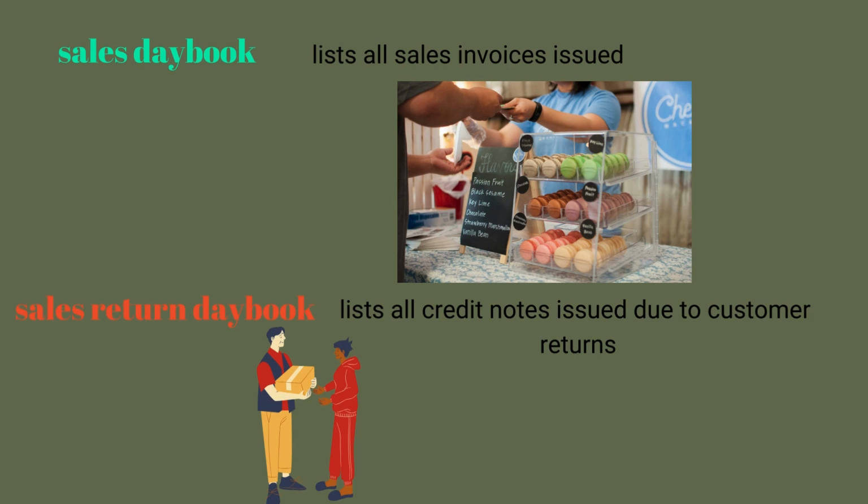So it's a credit purchase. Now I give you a credit note to reduce the amount you owe me. So instead of you owing me that £100, because you returned the item because it's faulty, you owe me nothing because I gave you a credit note worth £100. But every single credit note that I've issued to a customer, I have to write down in my sales returns day book as a business.